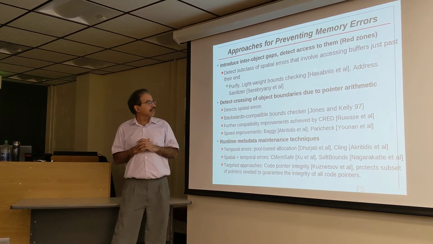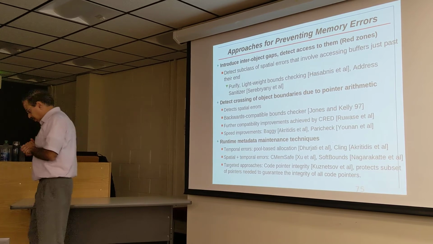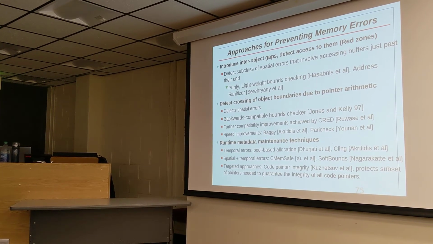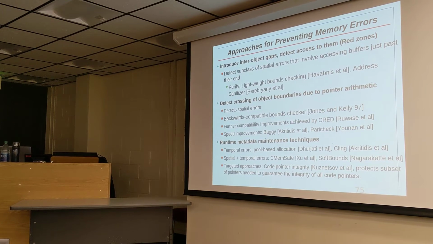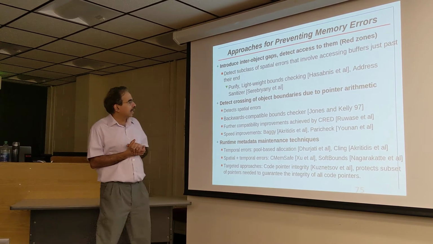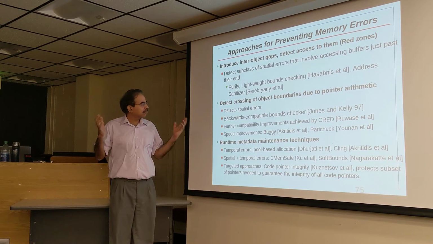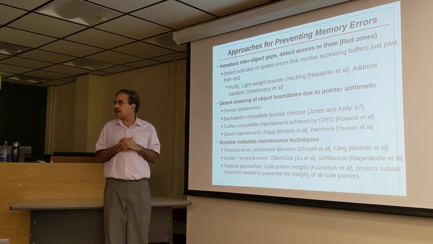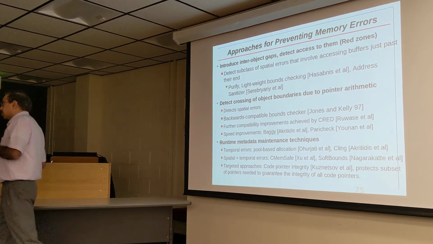So here, the information is associated with the pointers, and so basically, think of maintaining some kind of a lookup table that says, here is the legal bounds for every pointer, okay?